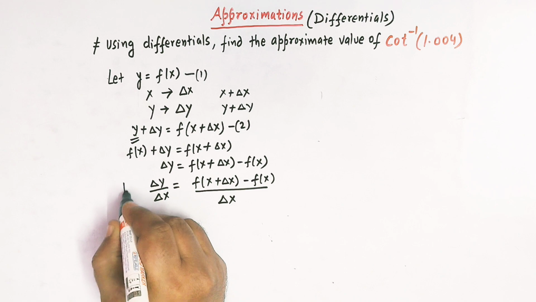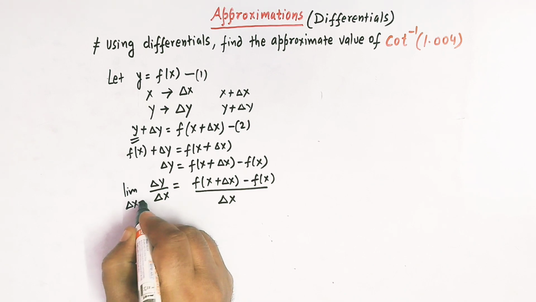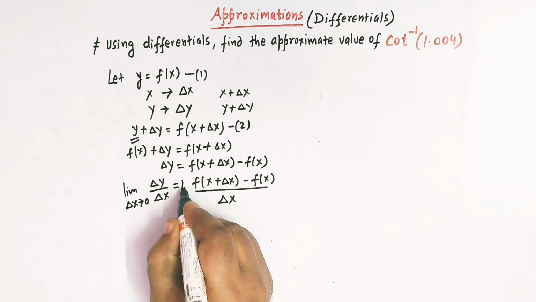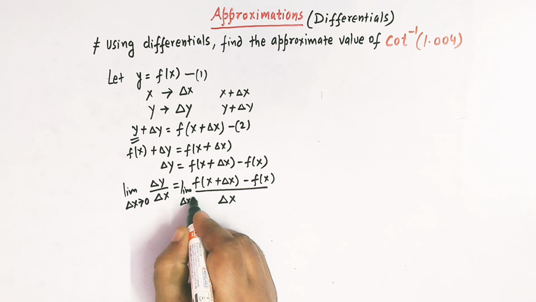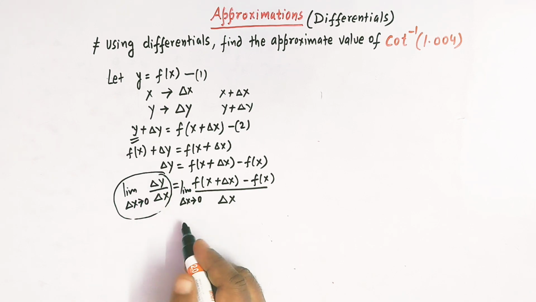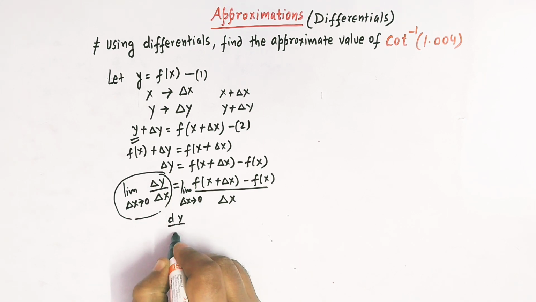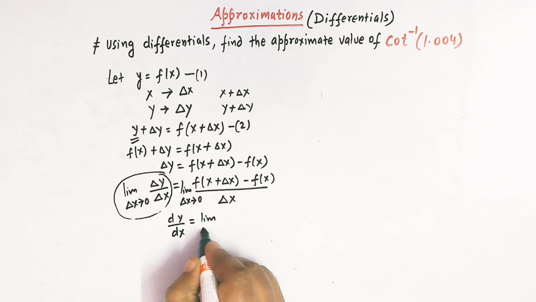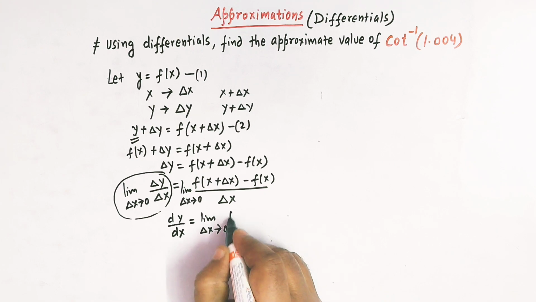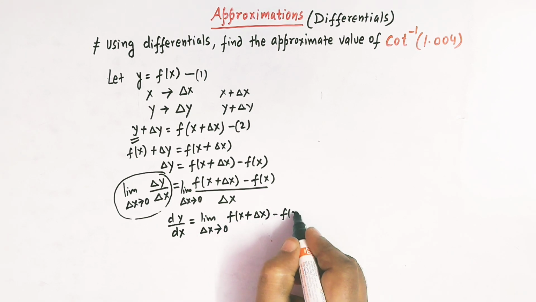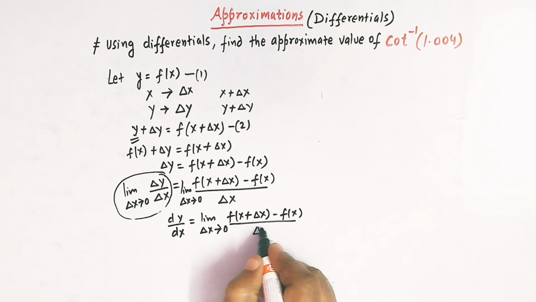So when delta x tends to 0, taking this limit, this expression is denoted by the derivative of y with respect to x, and here we have the limit as delta x tends to 0 of f of x plus delta x minus f of x divided by delta x, right?